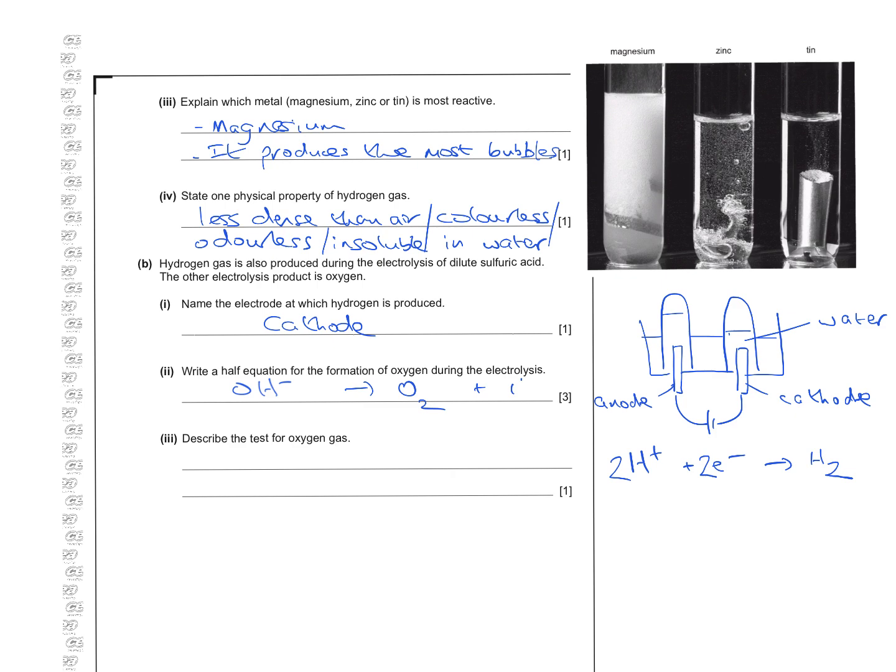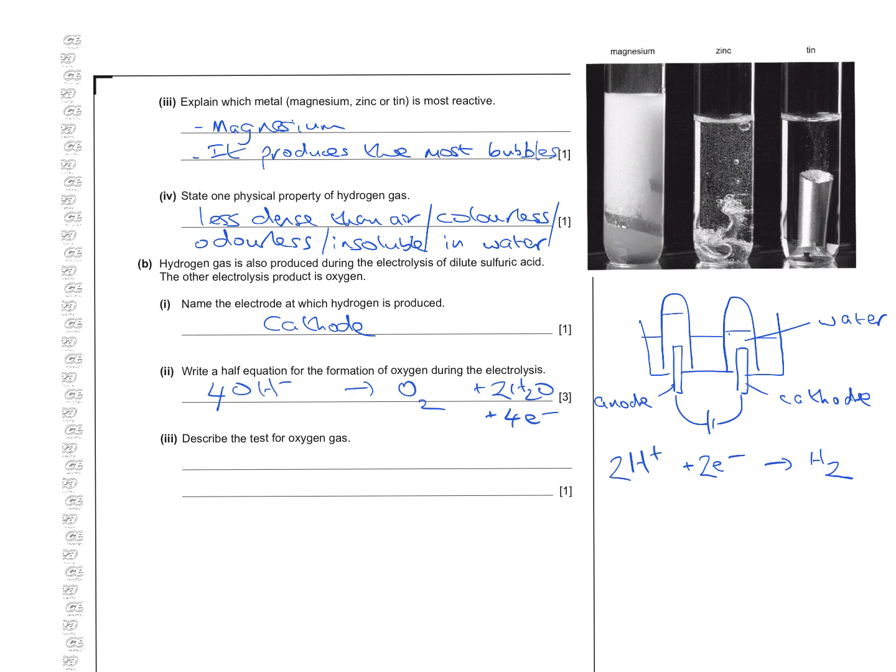Water is also formed. Now for this equation, you need 4 hydroxide ions, and they will lose 4 electrons. So I'll just put it in here. And to balance it up, we need 2 in front of the water.